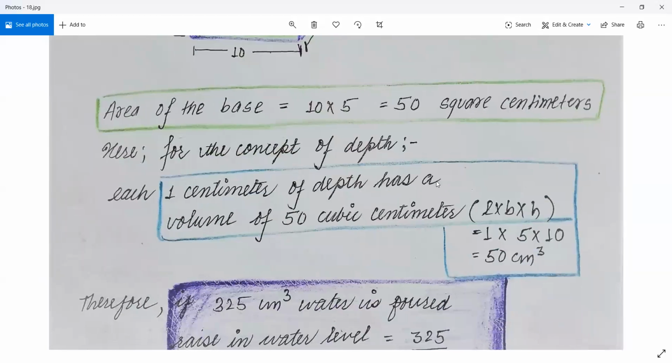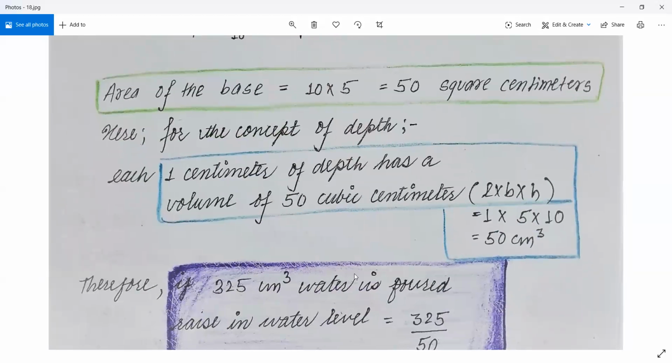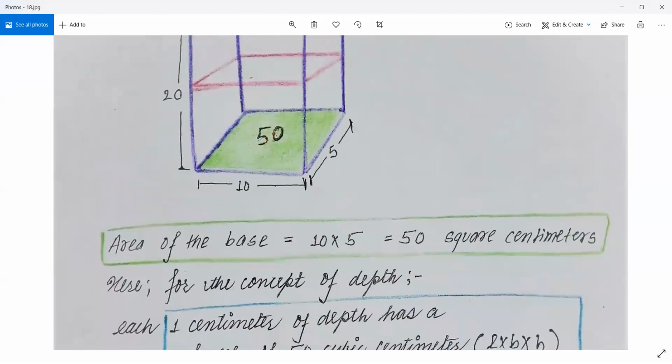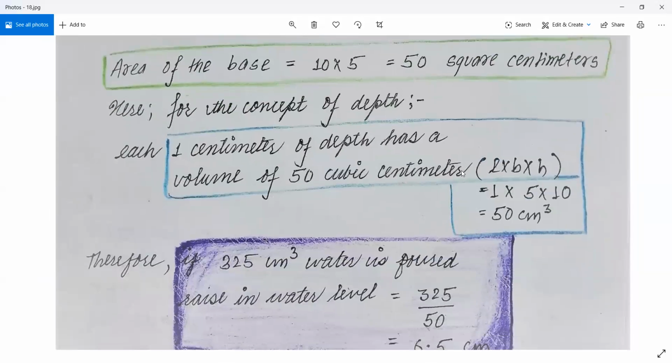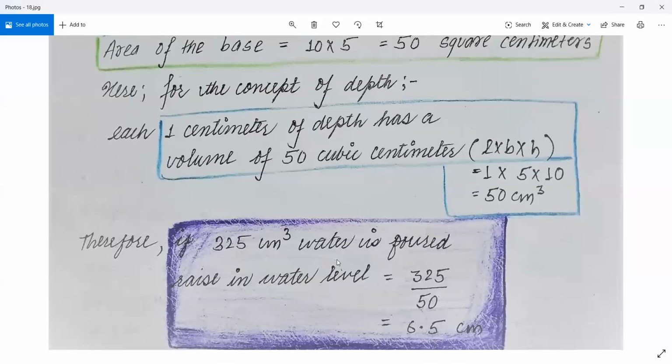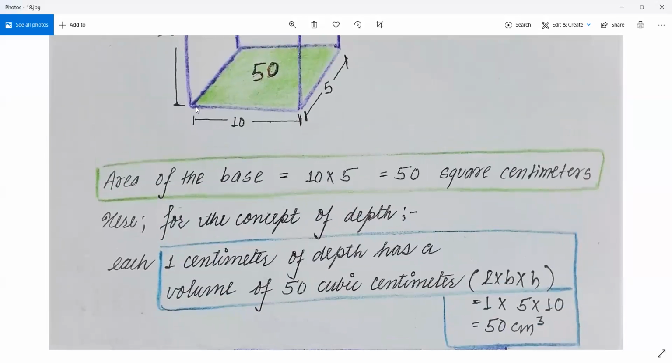That is 50 cubic centimeters of water in 1 centimeter of height. The question has mentioned that 325 cubic centimeters of water is poured into this rectangular tank. So 1 centimeter of height consists of 50 cubic centimeters of water. Then if you pour 325 cubic centimeters of water, obviously we divide this 325 cubic centimeters by 50 cubic centimeters, right? Because 50 cubic centimeters is the volume of water in 1 centimeter of height of this rectangular tank.